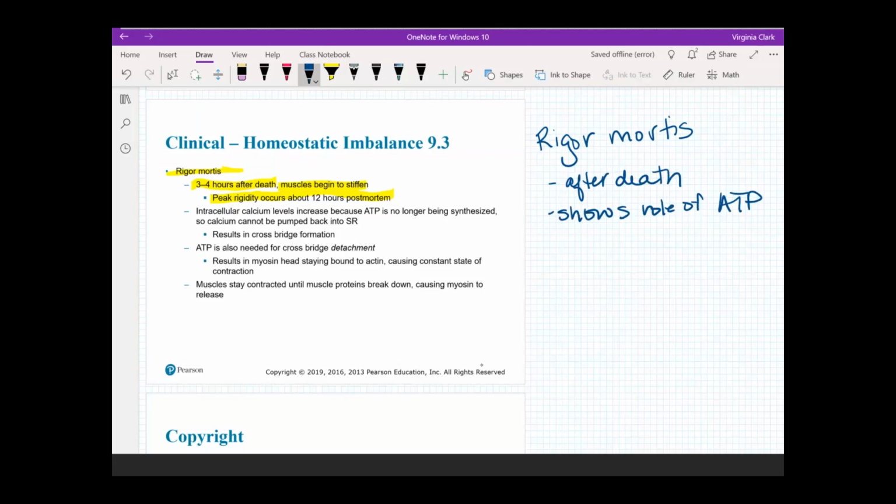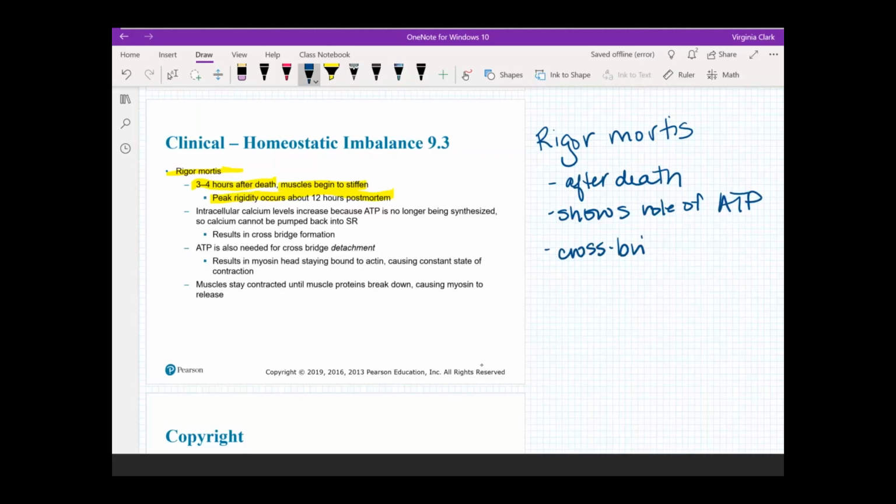ATP you get by breathing, going through cellular respiration, having your mitochondria do what they should be doing. You have ATP happening when you are alive. If you are not alive, you do not have ATP being synthesized. So rigor mortis is directly related to ATP not happening. So what you'll actually do with rigor mortis is you will have a cross bridge form.